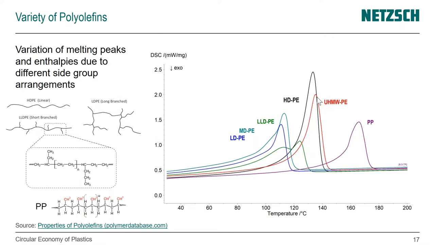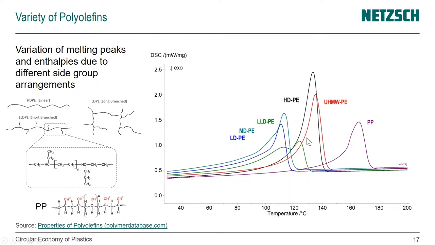I said polyolefins make up 50% of the materials that are produced, and we have quite a variety of polyolefins. As you can see, I picked a representative of each of the different polyolefins, and you can see that the melting peaks differ in the peak temperature where that happens, and definitely in the enthalpy.